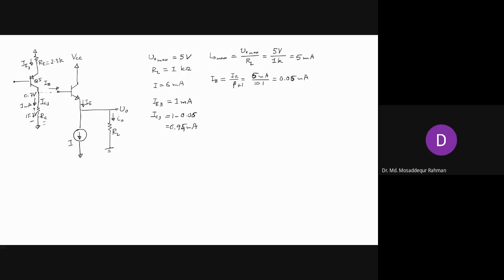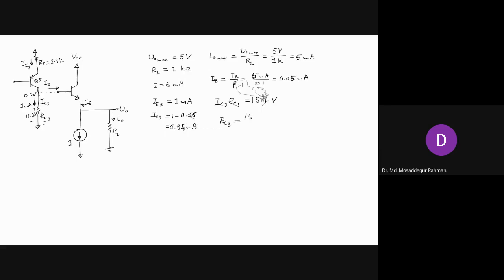Is that part clear? Yes, sir. So you need IC3 and RC3 to be 15.7. This is getting complicated. Okay, 15.7 volt. So you have to choose RC3 accordingly.